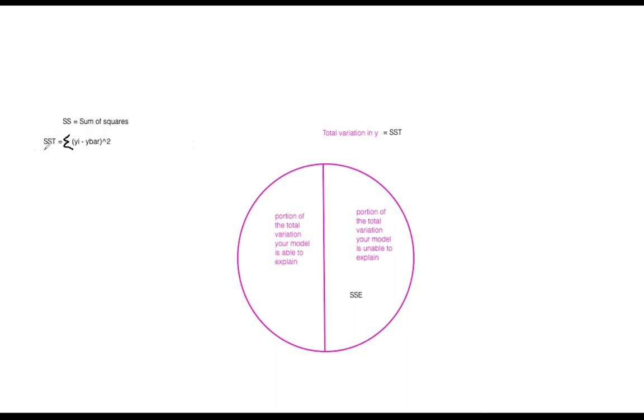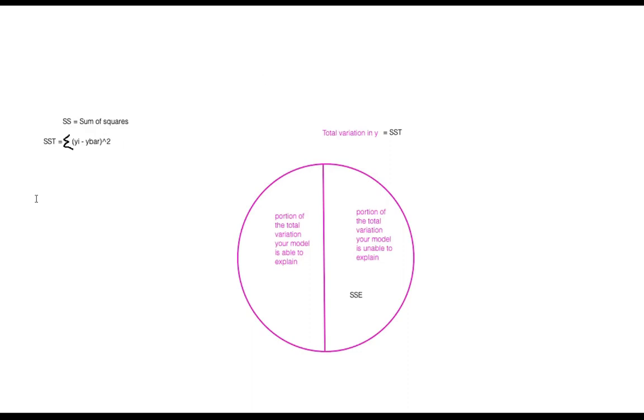Total sum of squares. That's SST, the total variation in Y, and it is simply SYY without the denominator n minus 1. Total variation in Y, total sum of squares.